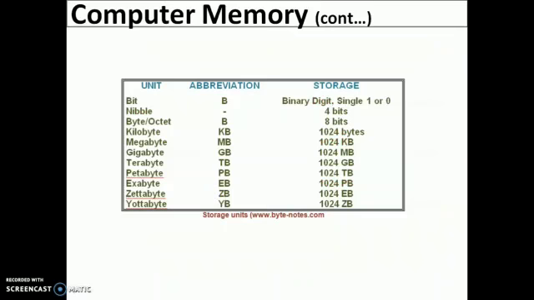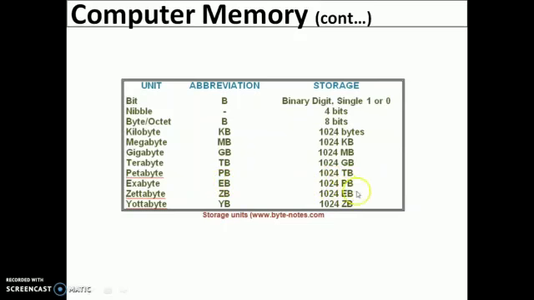This is the storage representation of computer memory. As we saw, 0 and 1 are called bits. 4 bits is called 1 nibble. 8 bits is equal to 1 byte. 1024 bytes is 1 kilobyte. 1024 kilobytes is 1 megabyte. 1024 megabytes is 1 gigabyte. 1024 gigabytes is 1 terabyte. 1024 terabytes is 1 petabyte, and 1024 petabytes is 1 exabyte.